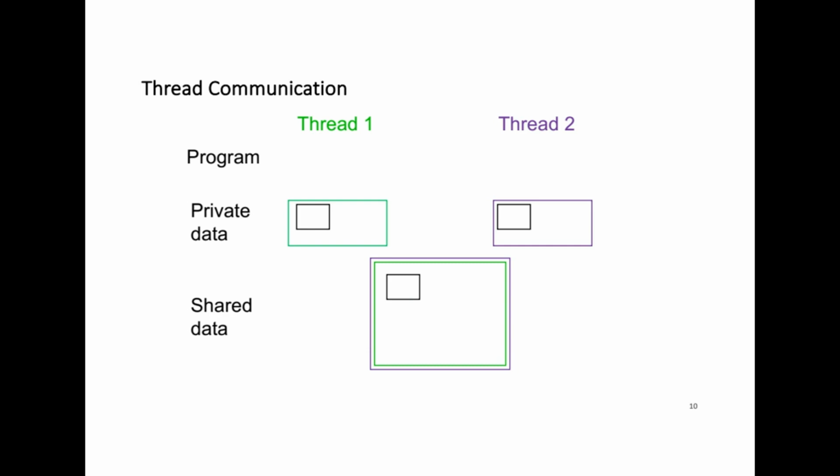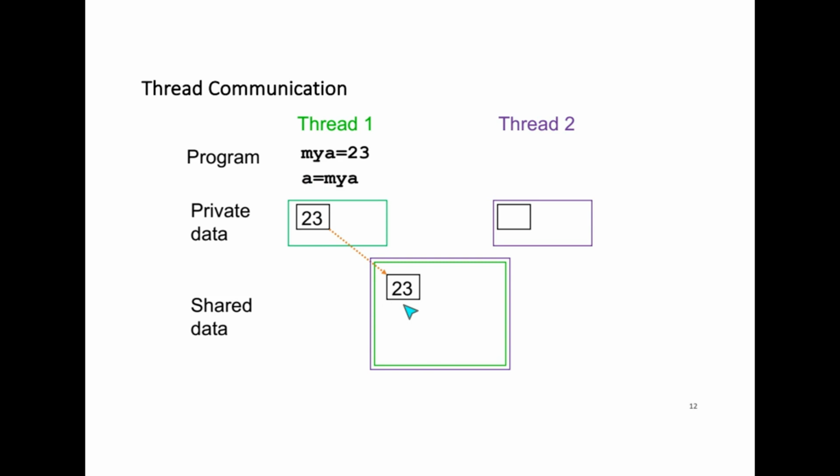So in order to do inter-thread communication, what we might do is that, first of all, thread 1 writes a value 23 into a variable called myA, which happens to live in the private data space for thread 1. Thread 1 can then copy that value into a variable called A, and A happens to live in the shared data space.